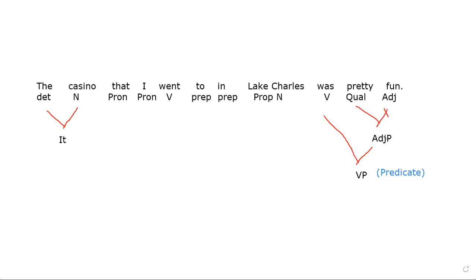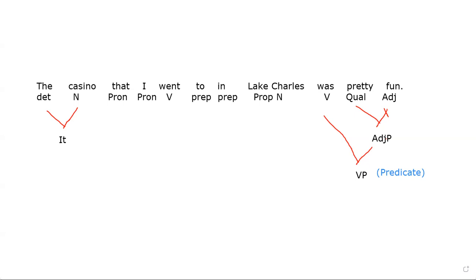So because we cannot replace the casino with a pronoun, it, we know that those two words, the and casino, need to be combined with something else. And in fact, we'll see that that entire phrase, the casino that I went to in Lake Charles, can be replaced by it, right?